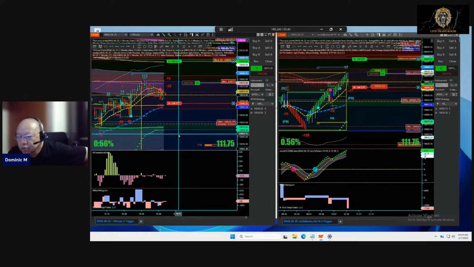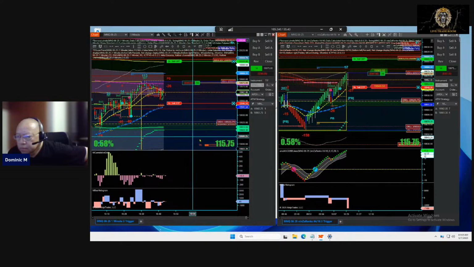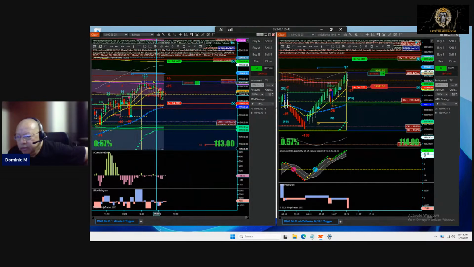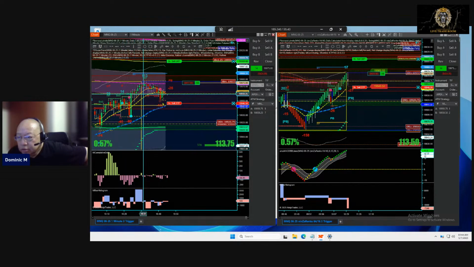You can get a push to the upside. Again, they have to get past this VWAP. Not enough momentum to get past it right now. Okay, see where that closed? Where do we see that?